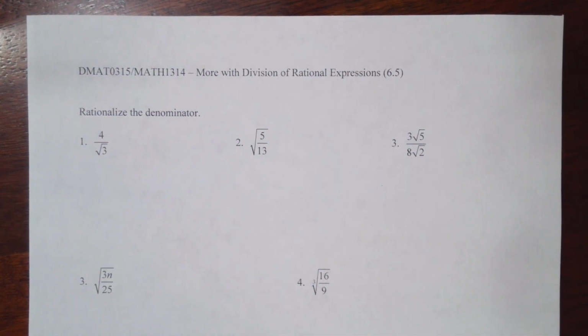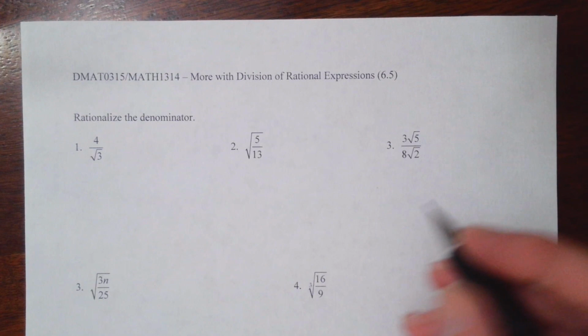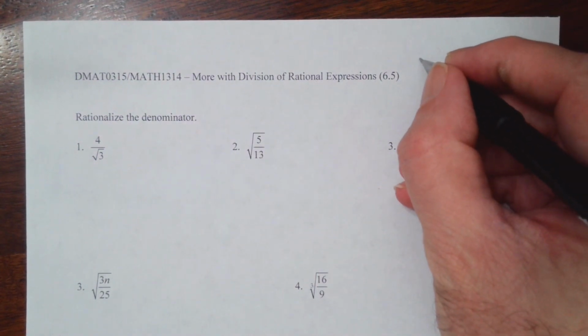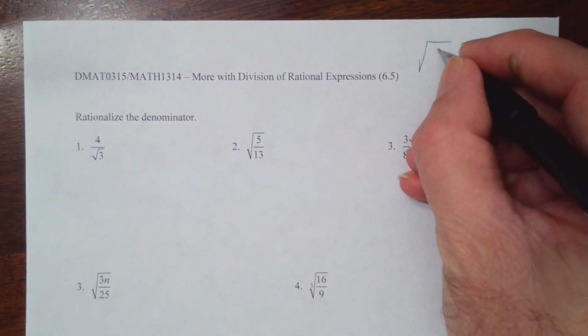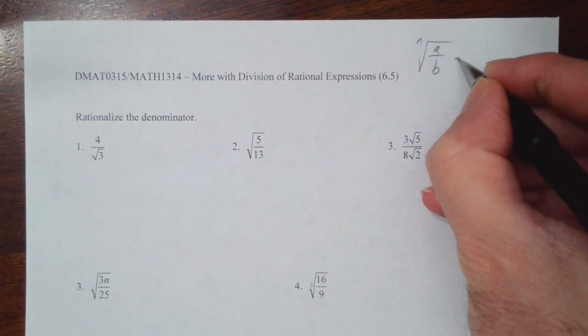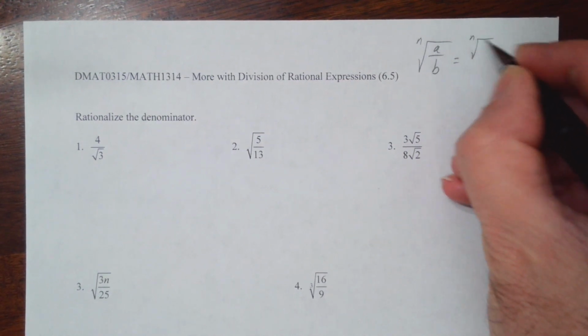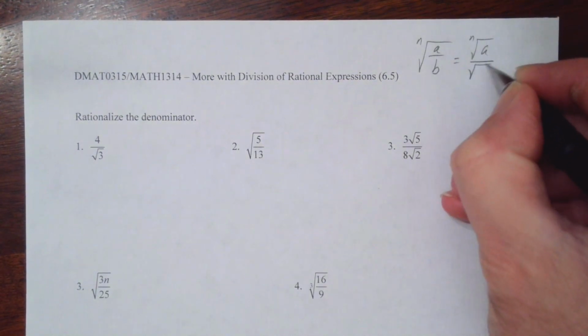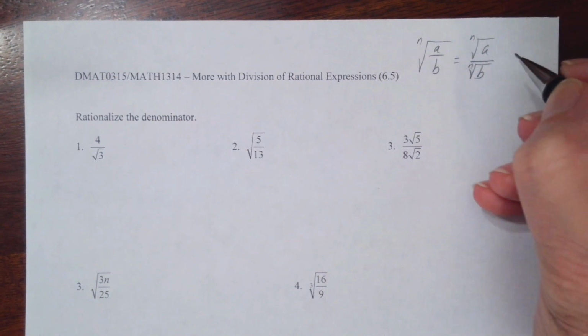Alright, in this video we're going to be doing more with division of rational expressions. So we previously talked about division. We had two properties, really just one. If you have the nth root of a over b, that's equal to the nth root of a over the nth root of b.